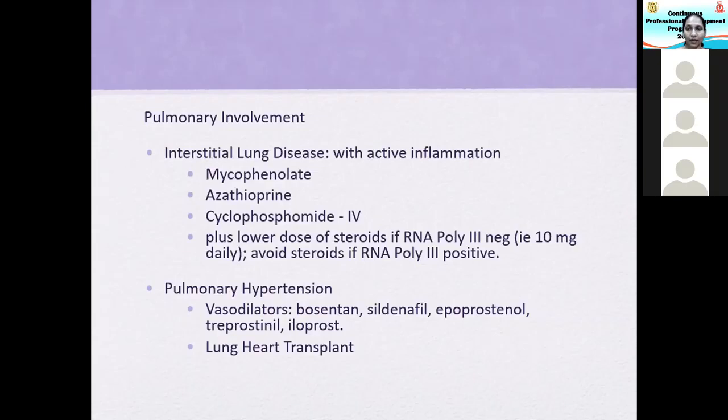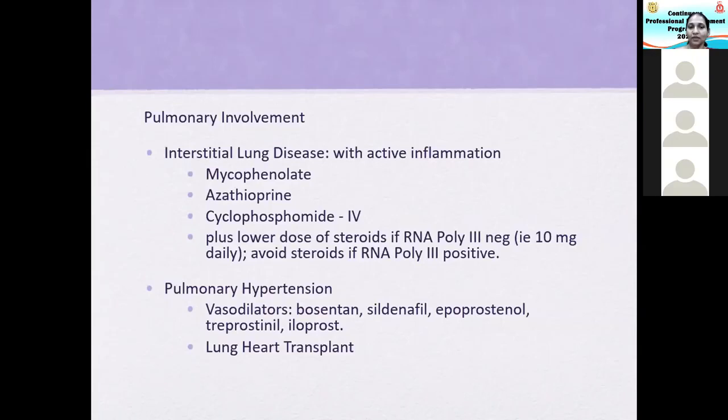Because higher doses of steroids have been shown to precipitate or increase the risk of the development of systemic sclerosis renal crisis. So it is very important, if you are using steroids, prednisolone, to keep the dose at a lower level, ideally less than 15 milligrams daily. And especially so if the patient has RNA polymerase III positivity, because there's a higher risk of them going into renal crisis.